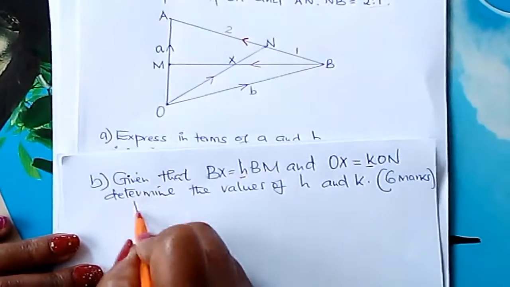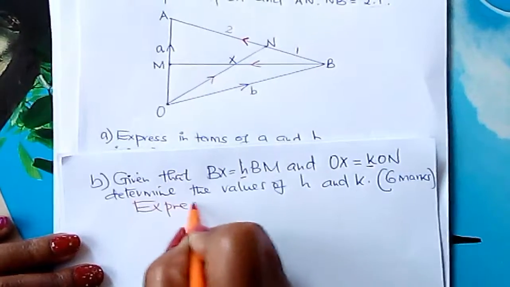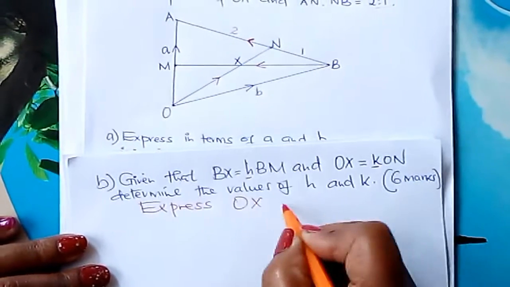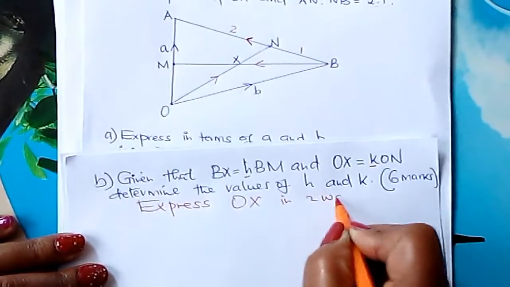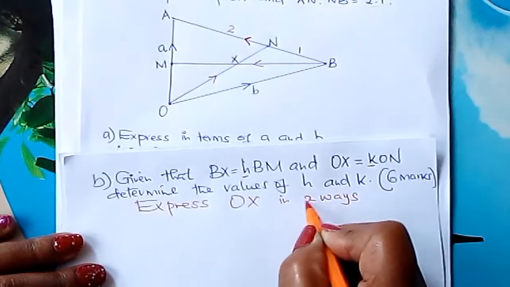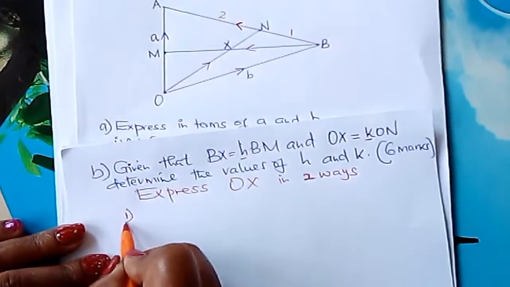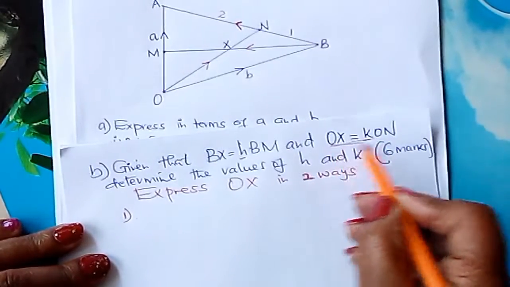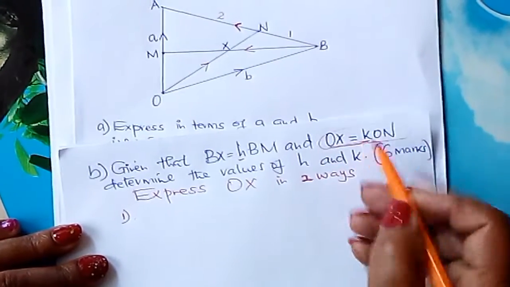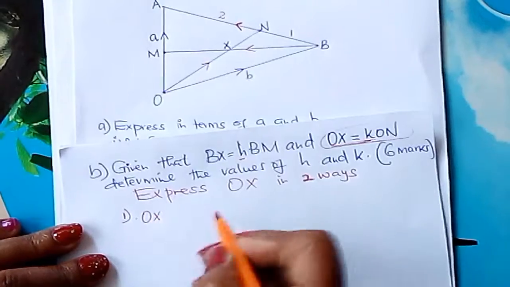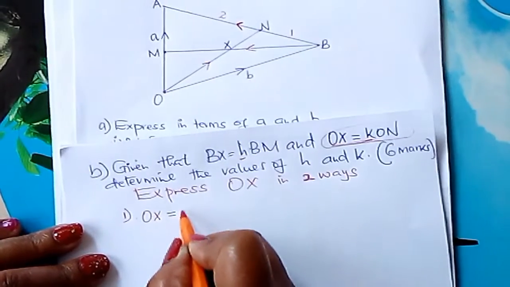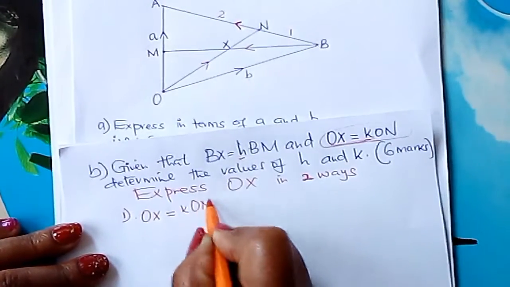So Lana, what you do here is that you express Ox in 2 ways. Number 1, Lana, take that expression. So Ox is equals to k of On.